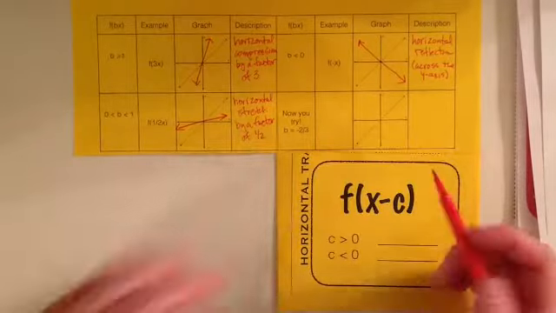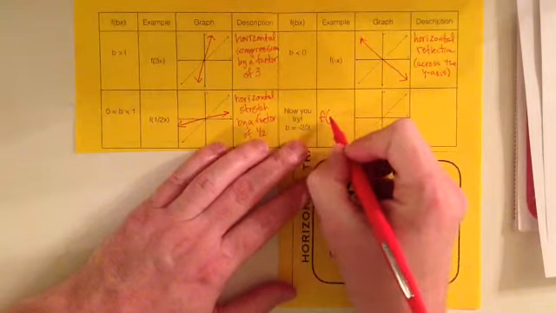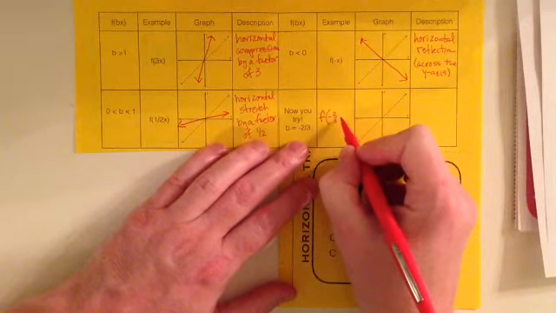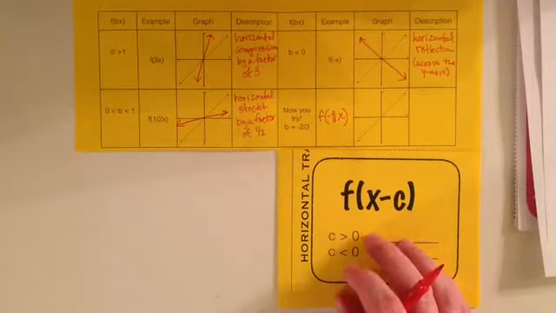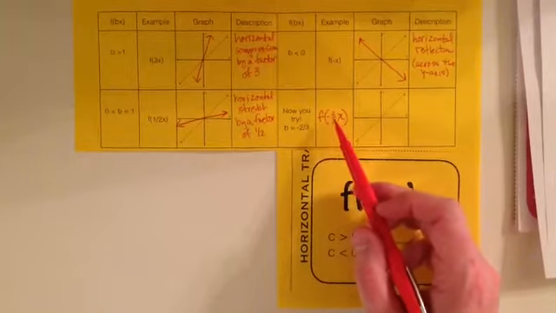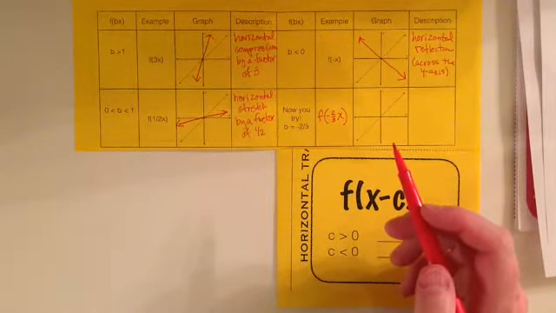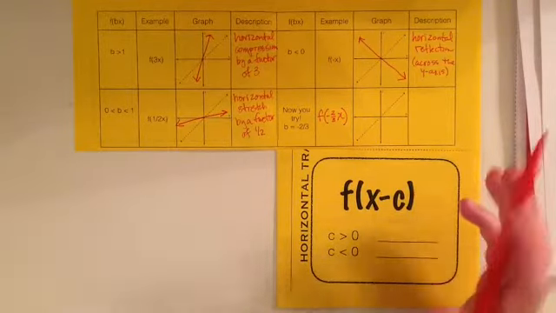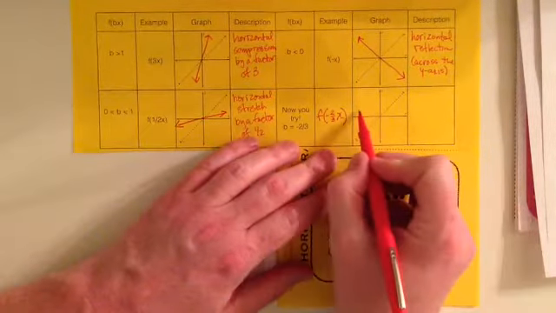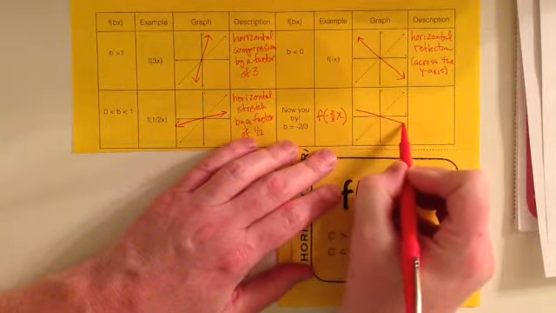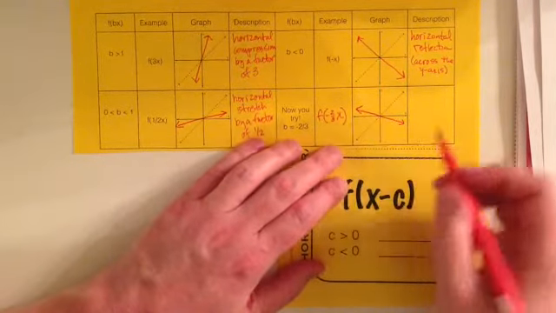And so down here we put it all together, so we have -2/3 as b, so we've got f of -2/3 x is what that would look like. So we know we're going to have a reflection, and 2/3 is less than 1, so it's going to be a stretch, which means it gets closer to the x-axis. So it's going to look something like this. I reflected and I got closer to the x-axis.